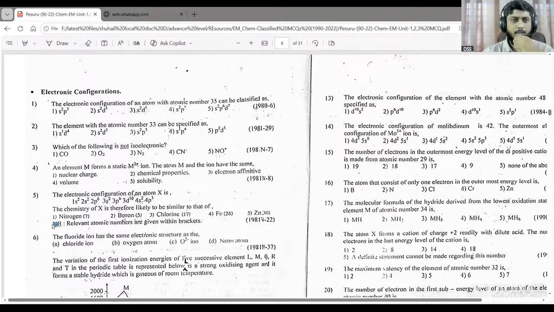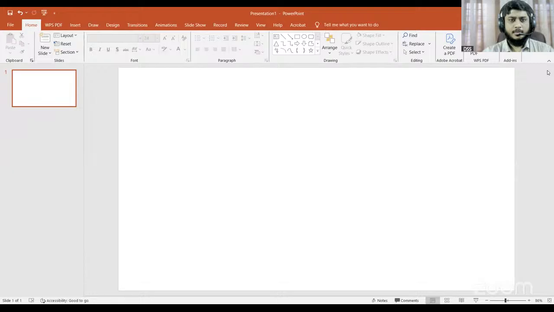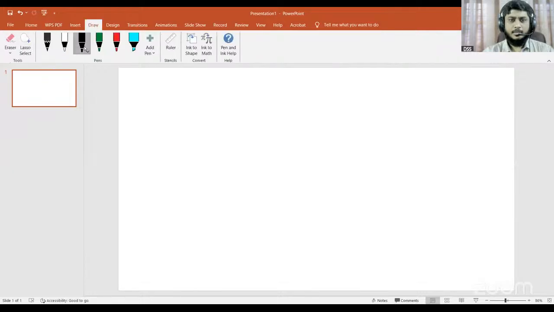Can someone tell who are the three people involved related to electronic configuration? At least in the chat box.